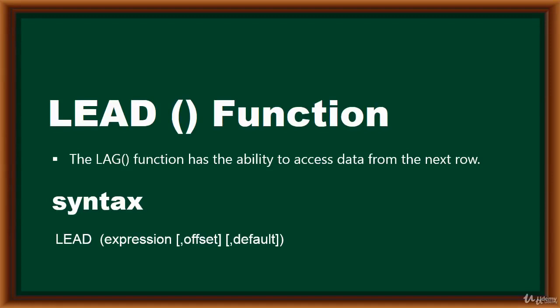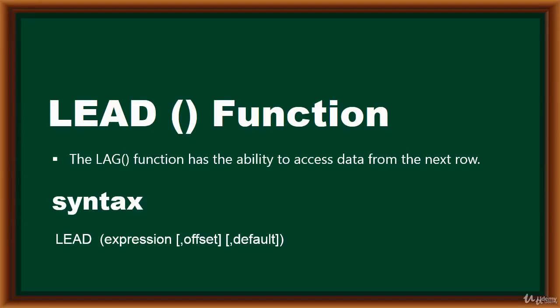The default value of the offset is usually 1. Then we have the default, which refers to the default return value, that is, if the offset is outside the scope of the window.